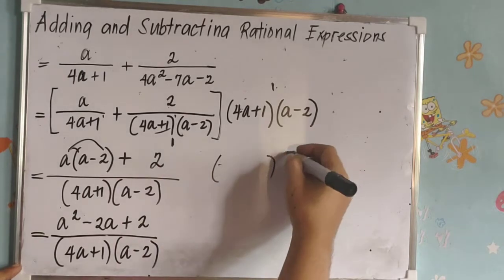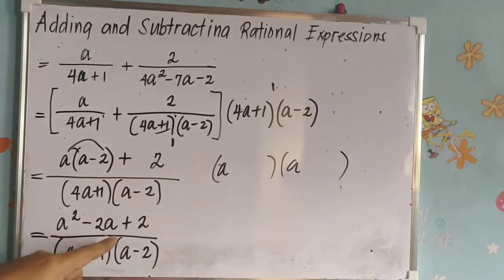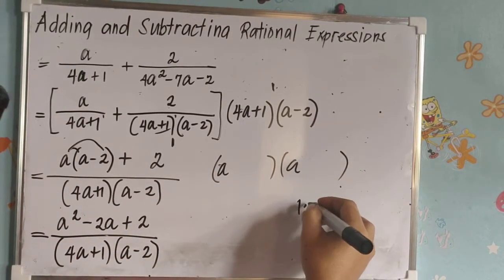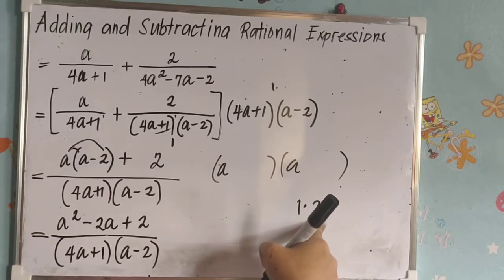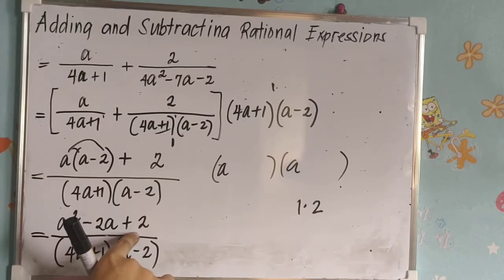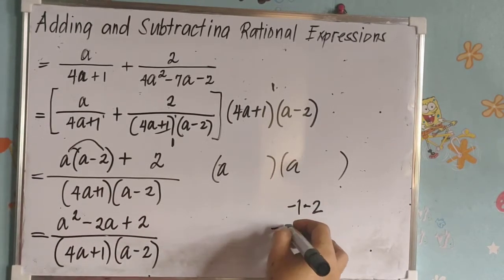We have a squared, that means a and a, and factors of 2, we only have one possible factor, 1 times 2. And the last term is positive, meaning both are negative here. So when added, we have negative 3.